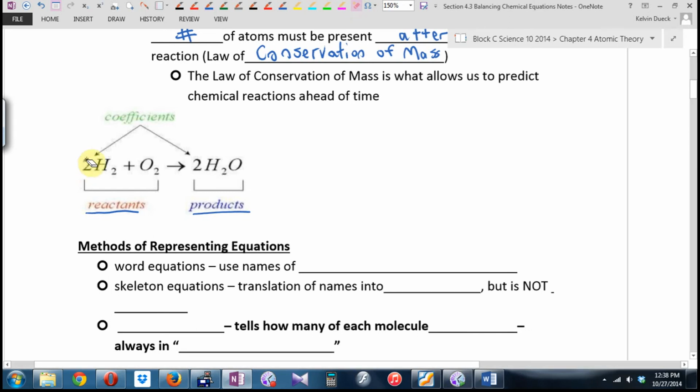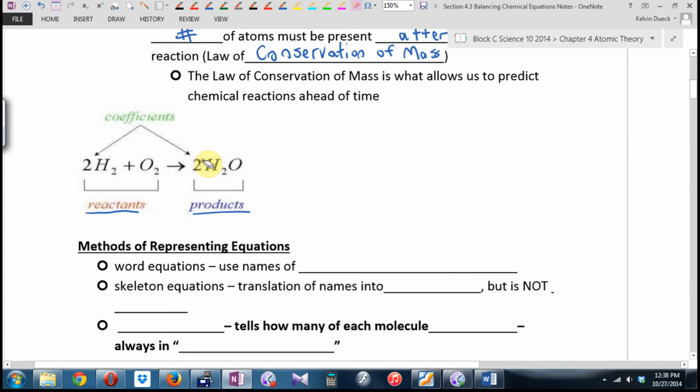How many hydrogens are there here grand total? Don't say 2, because there isn't. There's 4. You see it? How many hydrogens are there over here grand total? See, also 4. How many oxygens are here grand total? 2. How many oxygens are here grand total? 2, because of that. This is a balanced equation.